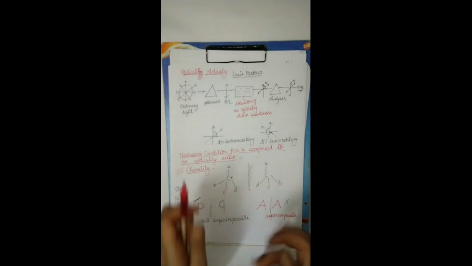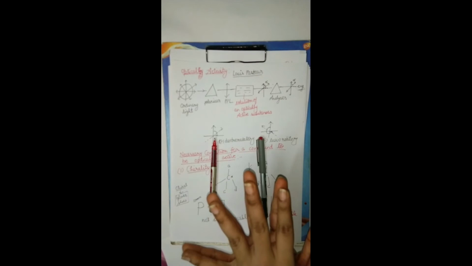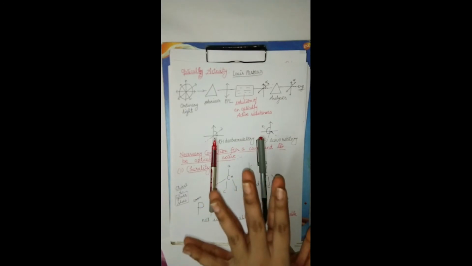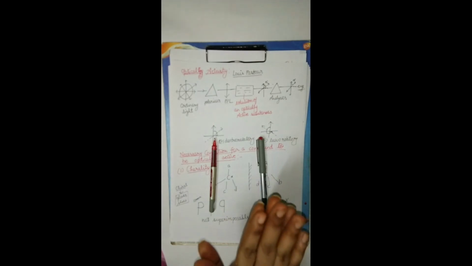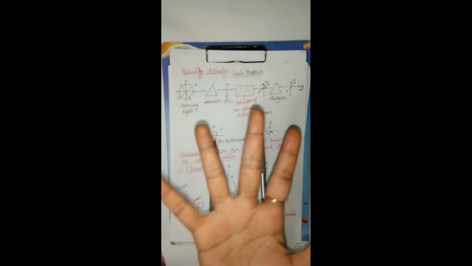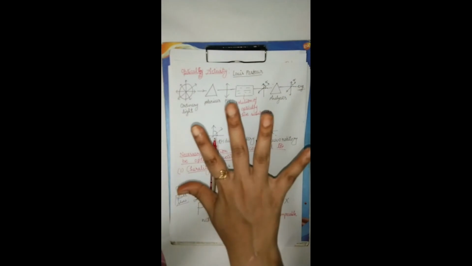It does not have a plane of symmetry. If you cut your hand, it is always dissymmetric. Okay, it is always chiral. It is not symmetric. It is not cut into equal halves. That's why this human hand is chiral. There is no plane of symmetry, no center of symmetry, no alternating axis of symmetry.